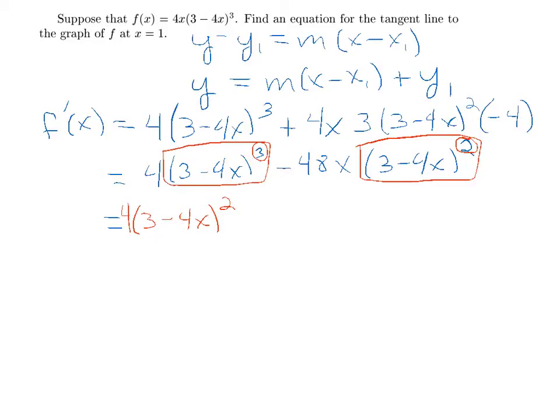So now, let's write down what was left. There is a 3 minus 4x left, because I pulled out a factor of 3 minus 4x quantity squared from this term here, so that leaves one of these exponents. And then I pulled out a 4, so that leaves me with a minus 12x, and that's all that's left from this term, because I factored this term out.